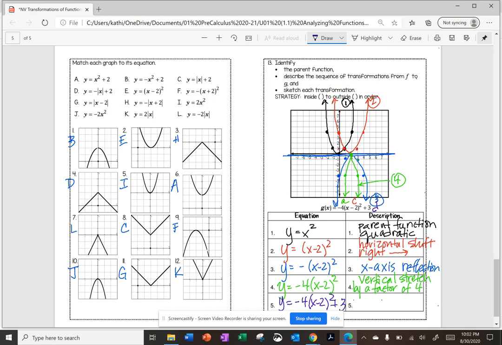I'm going to take each point and go up 3, so this is a vertical shift up 3: 1, 2, 3, 1, 2, 3, and 1, 2, 3. So here's my final graph. Okay, that's the end of the lesson.